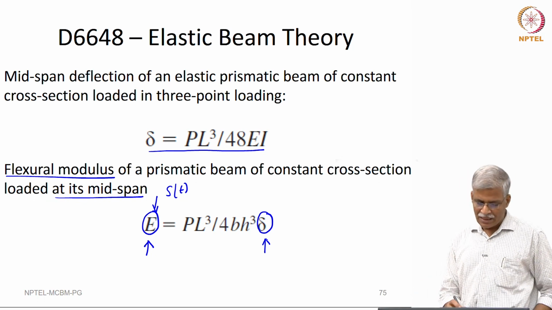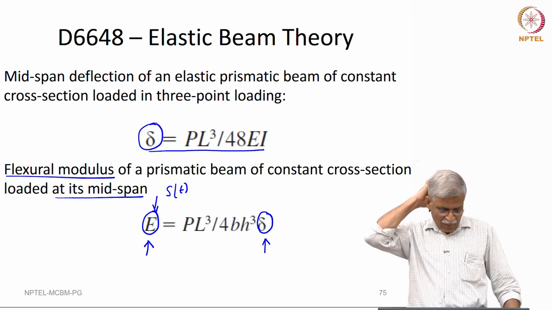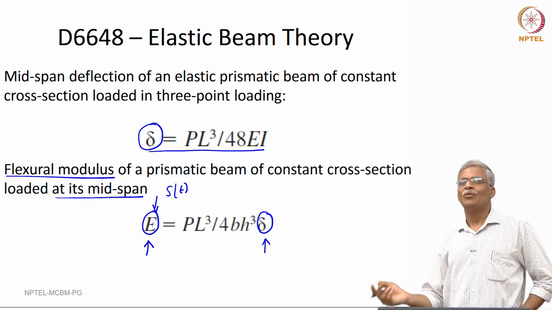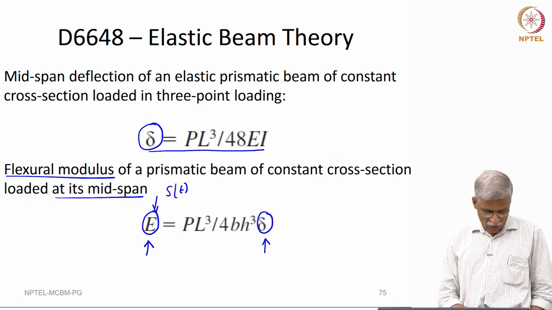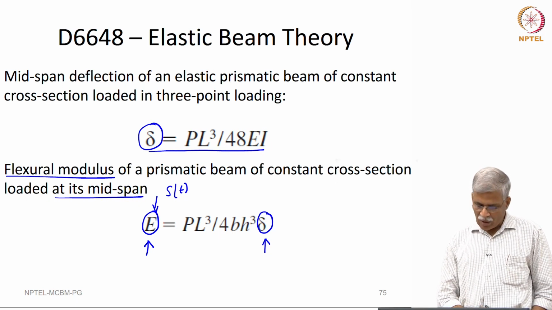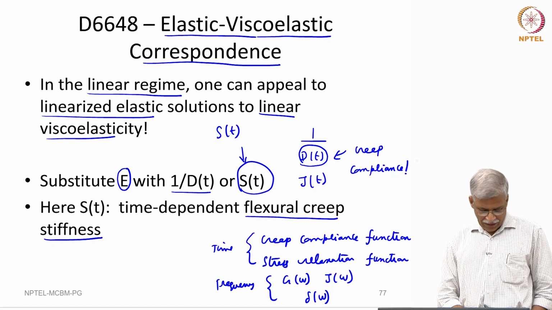Do not get confused with the phase angle for which we have been using delta. This delta is nothing but the midspan deflection. Such terminologies where the same symbol is used to mean different things should become self evident as we go through. So, we are not really talking about the phase angle, we are only talking about the midspan deflection, okay.